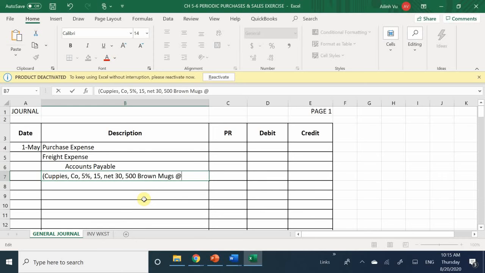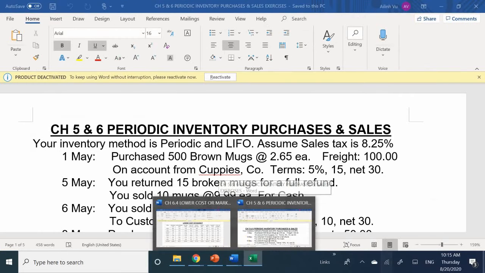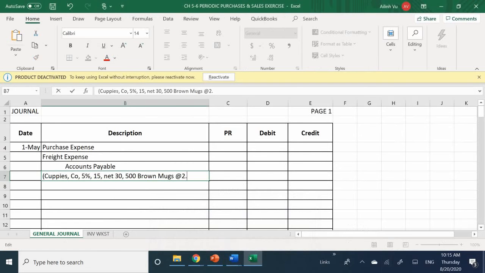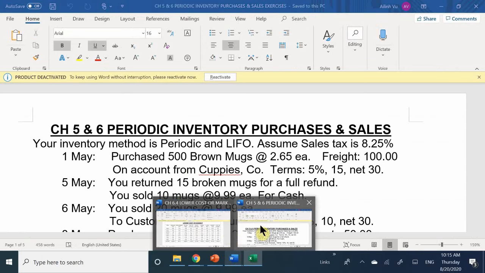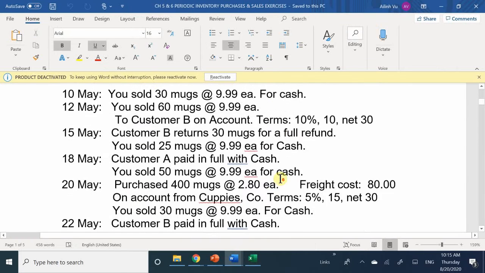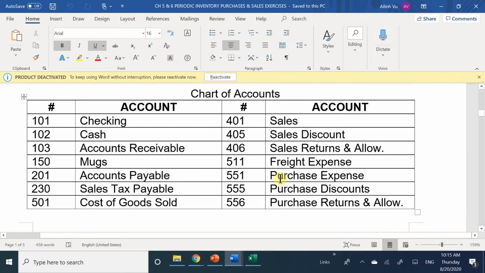Okay, at 265, okay, 265. All right, boom. Now, what account numbers do I have associated with purchase expense and freight expense and accounts payable?